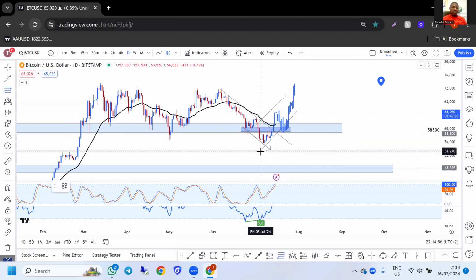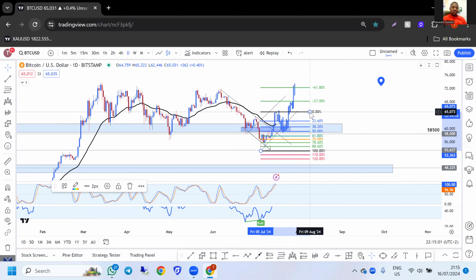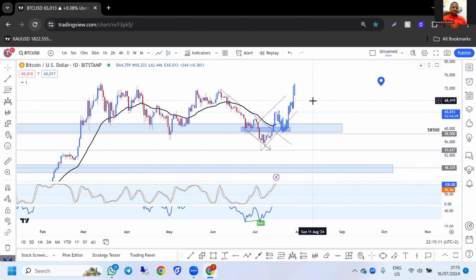If market starts retracing, I now pull my fib. Okay, boom, done. So that's what I'm expecting in this market.